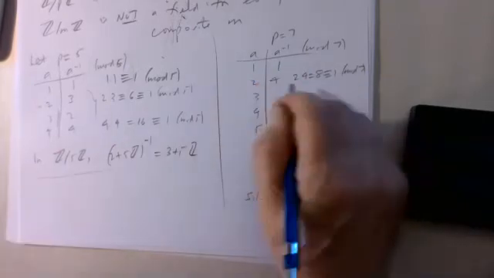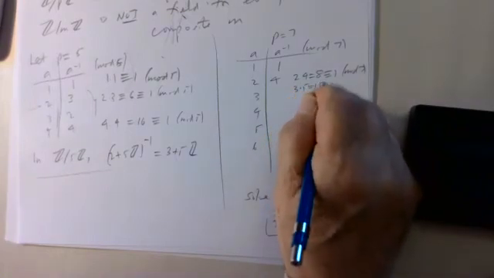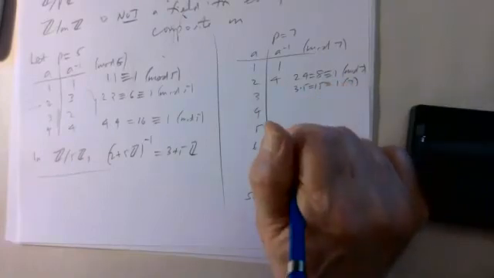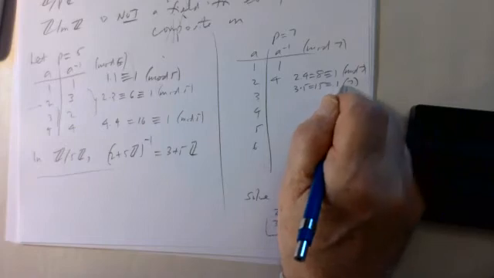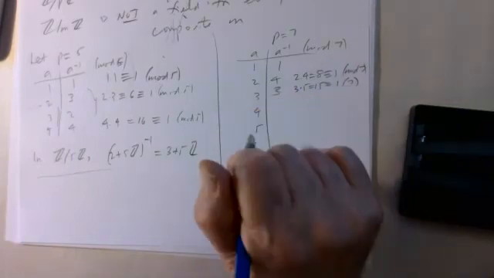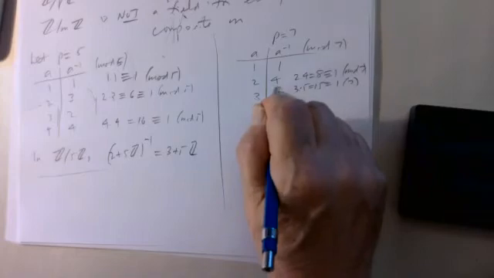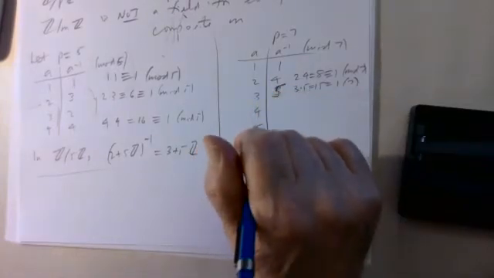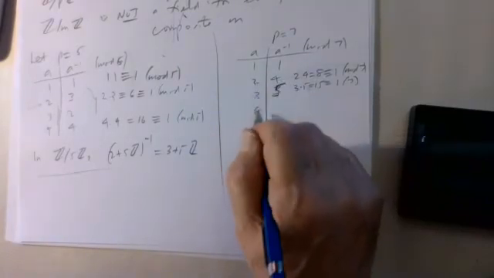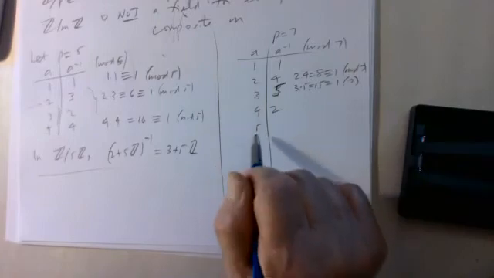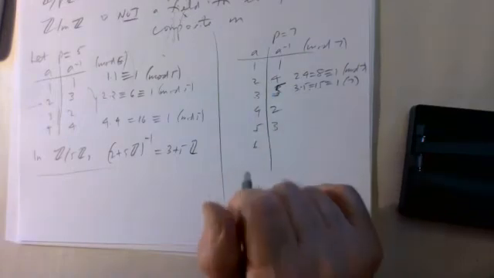What's 3 times 5? 15. And is 15 congruent to 1 mod 7? 15 minus 1 is 14. Is 14 divisible by 7? Yes. So the inverse of 3 is 5. What's the inverse of 4? Well, we basically have it, because if 2 times 4 is 1, 4 times 2 is 1. And what's the inverse of 5? Well, it's 3, because 3 times 5 is 1, so 5 times 3 is 1.